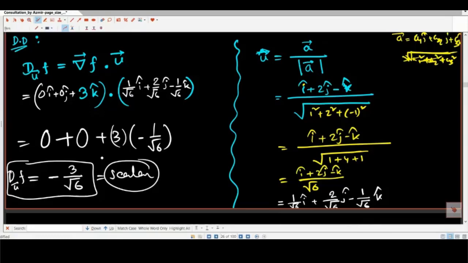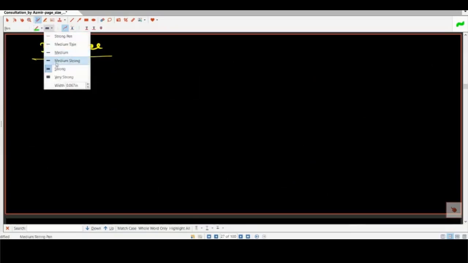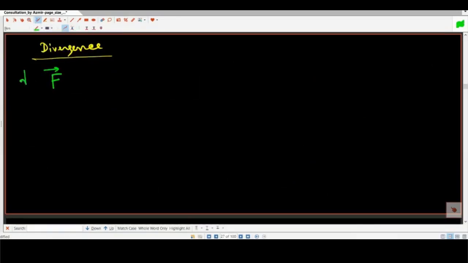So now let's talk about divergence. The divergence of a vector field f is denoted by div f, that is del dot f. That means we are going to have the dot product.